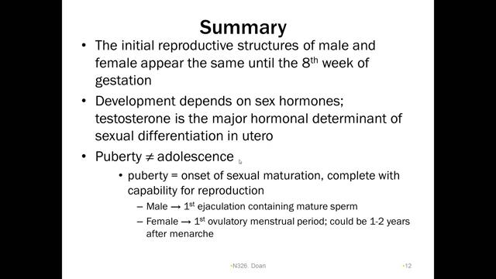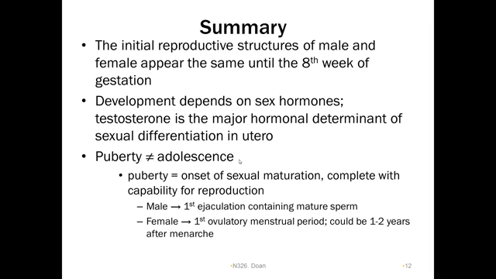In the male, puberty is considered complete with the first ejaculation that contains mature sperm, and in the female it is the first ovulatory menstrual period, and that could be 1 to 2 years after menarche. So that concludes the first part of the tutorial. The following part will be about the female reproductive system, and that's a separate course stream.